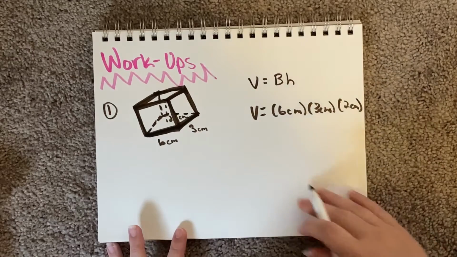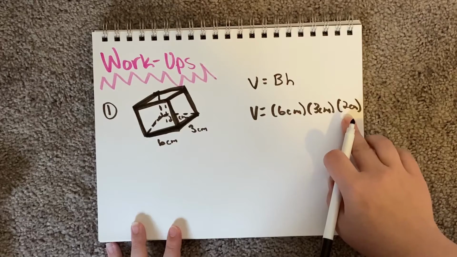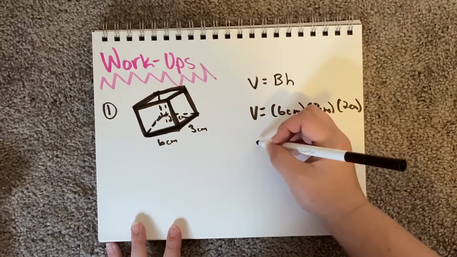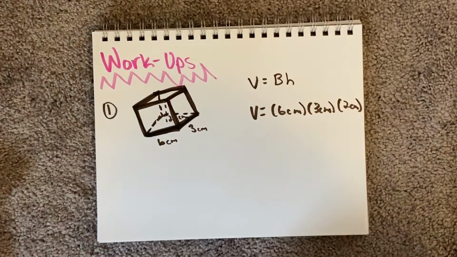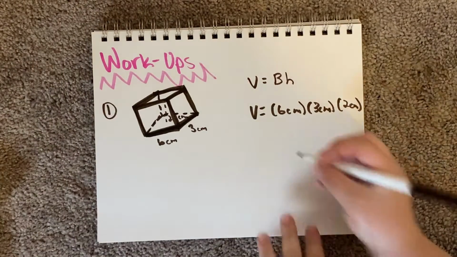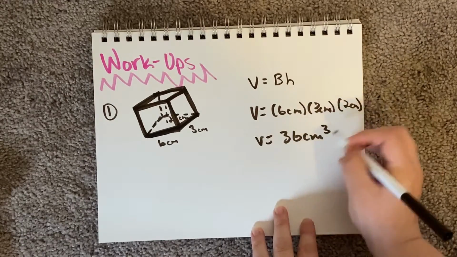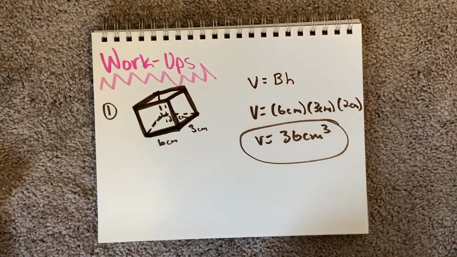And if we do that math, 6 times 3 is 18. 18 times 2 is 36. The answer would be 36 centimeters cubed. Great job.